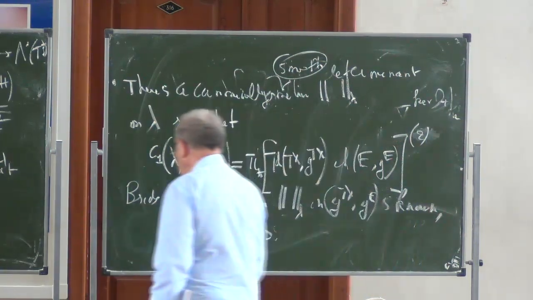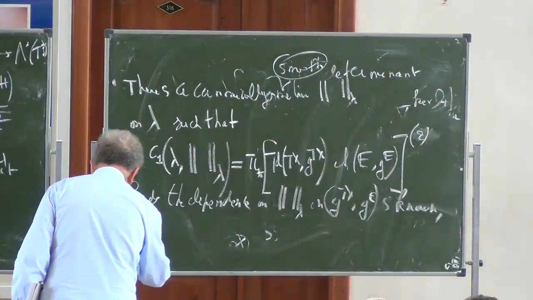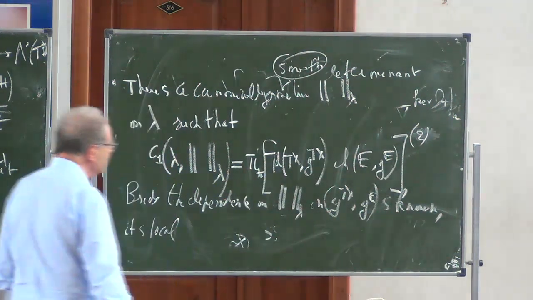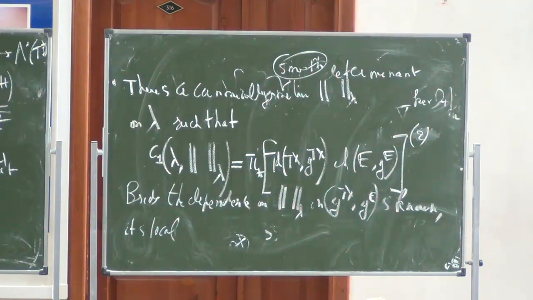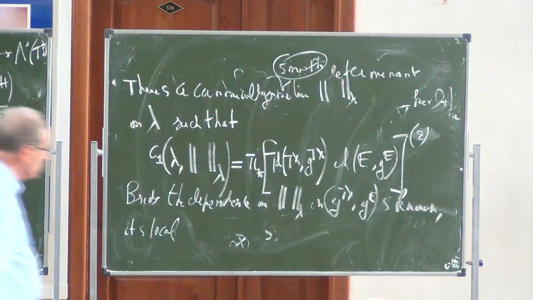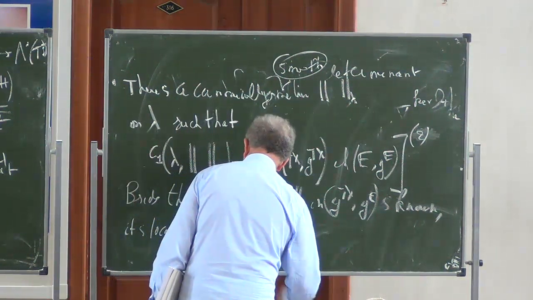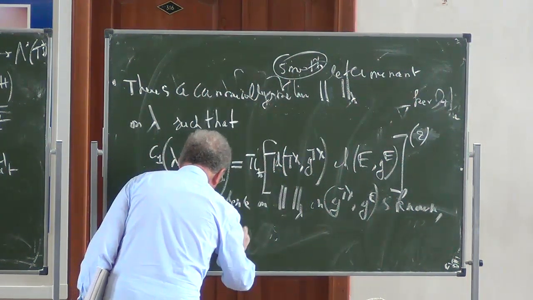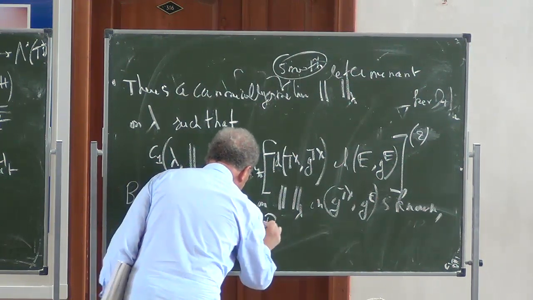It is local, that is, it can be computed using local quantities, and in some sense this dependence generalizes the so-called Polyakov anomaly formulas.